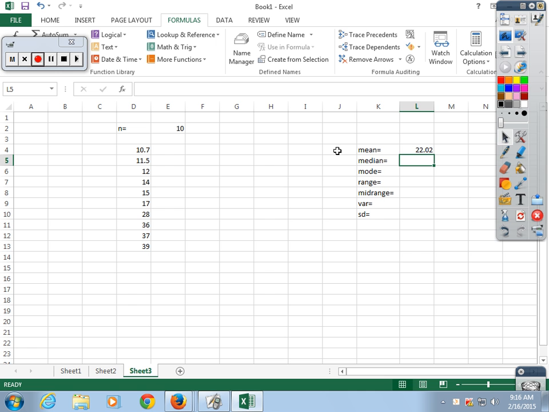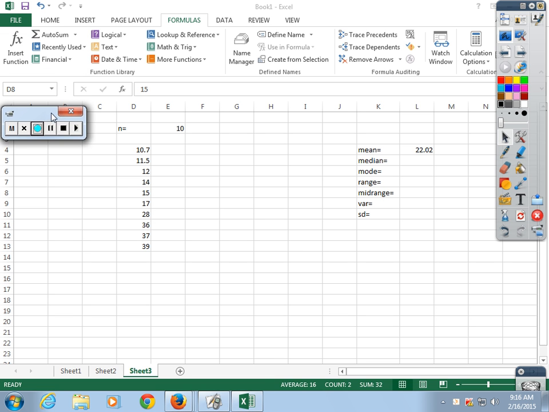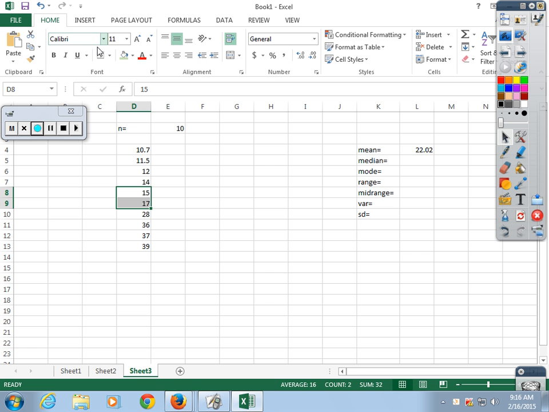And that is our mean. Median, n is equal to 10, so 1, 2, 3, 4, 5, be these two guys, it's going to equal, parentheses, this guy plus this guy divided by 2.